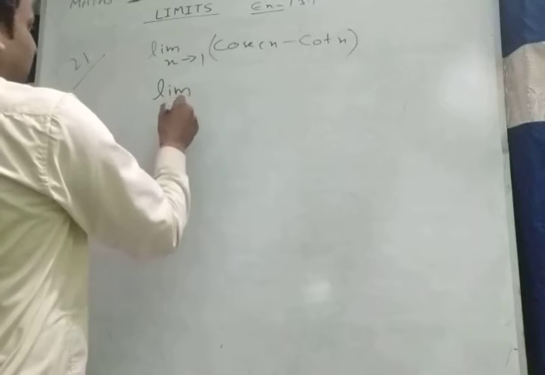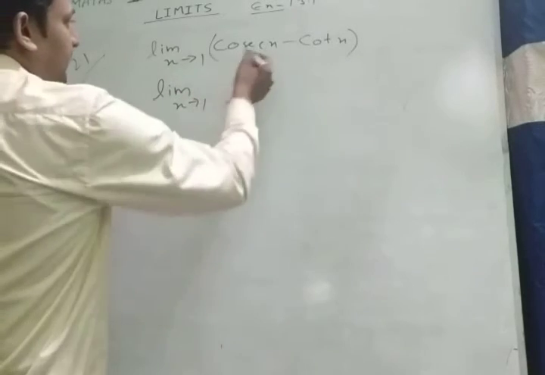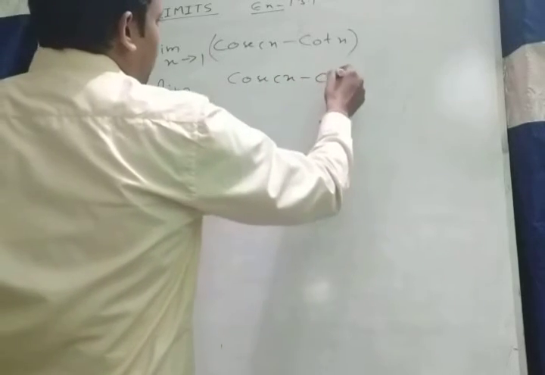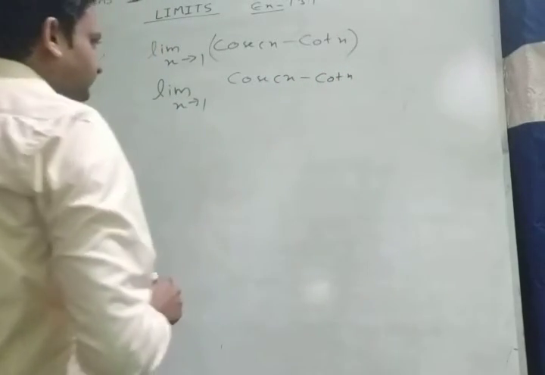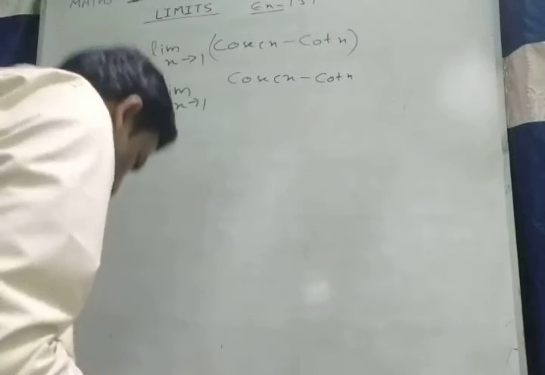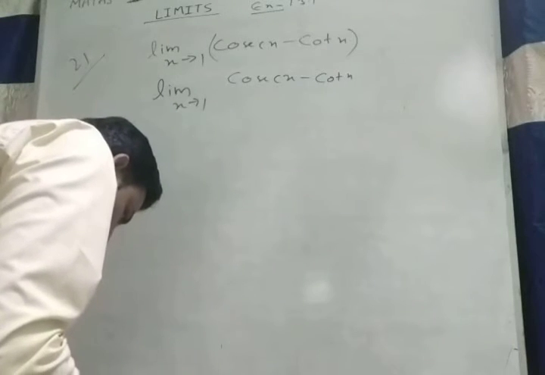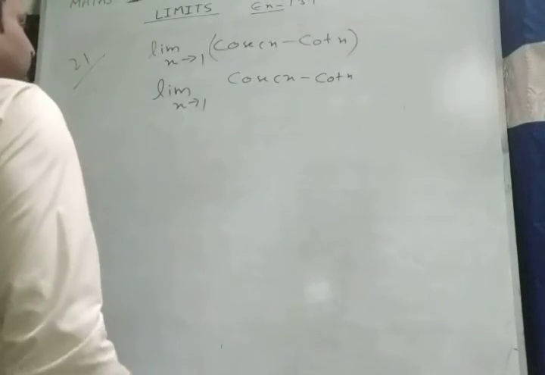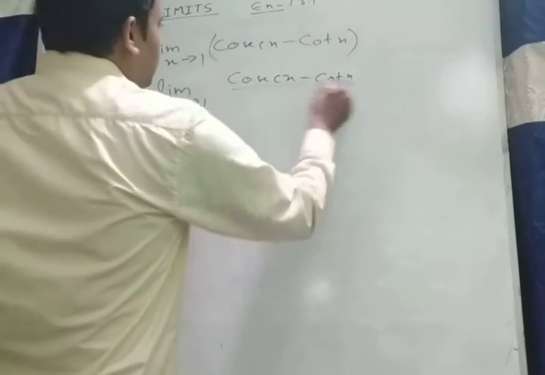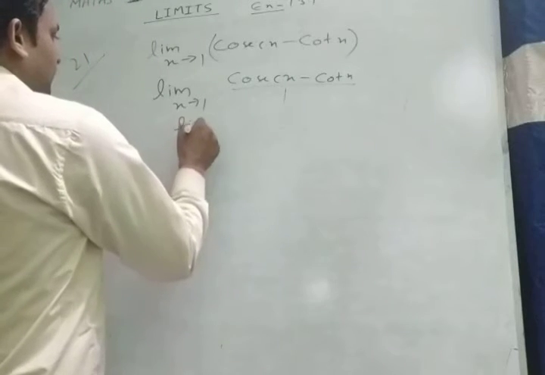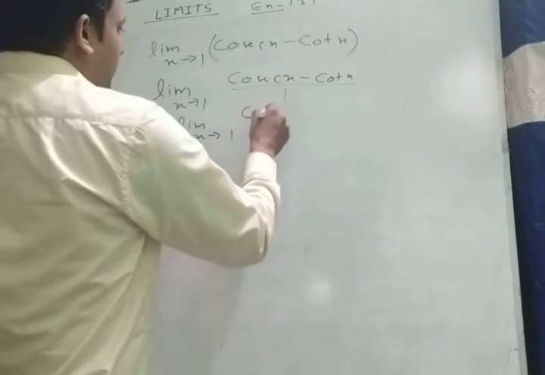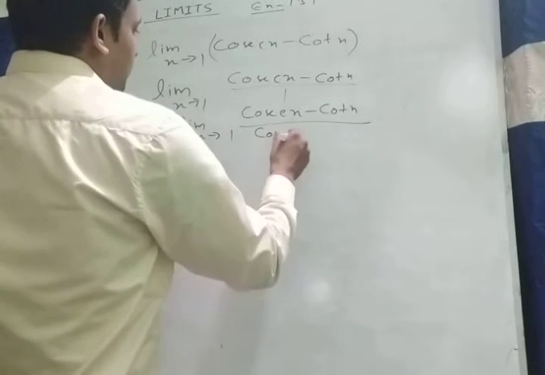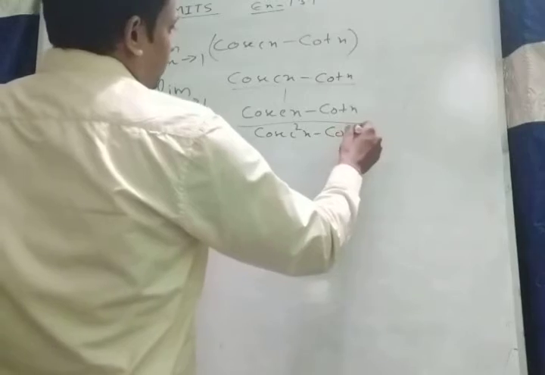So limit x tends to 1, this is cosec x minus cot x, so we can write divided by 1. So limit x tends to 1 cosec x minus cot x by cosec square x minus cot square x.